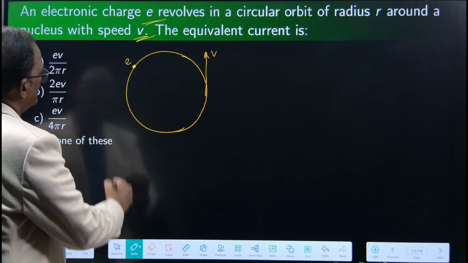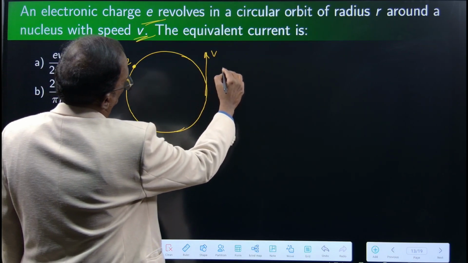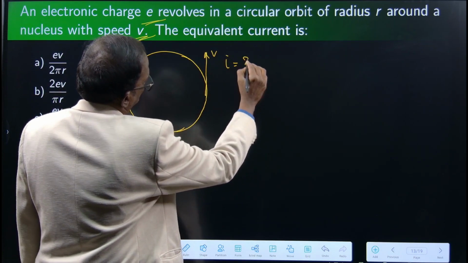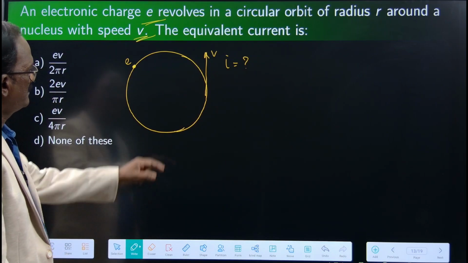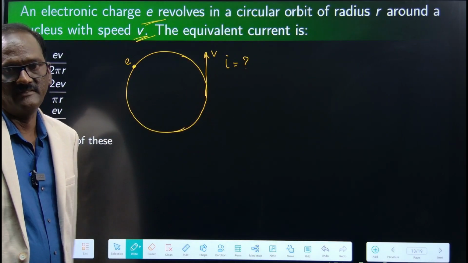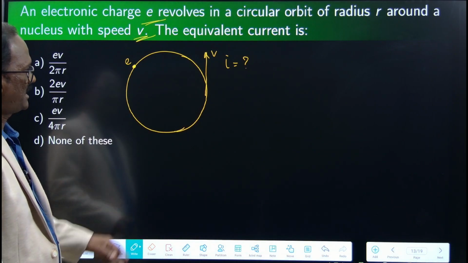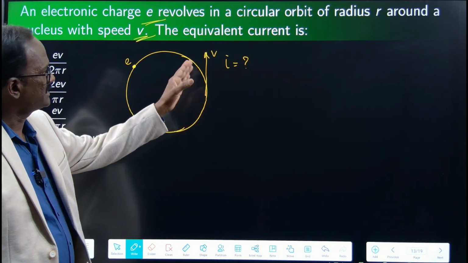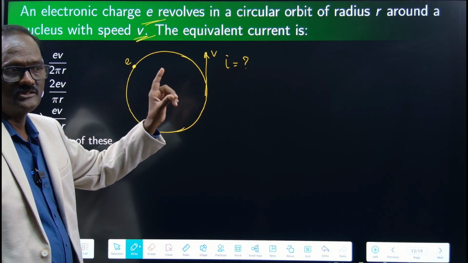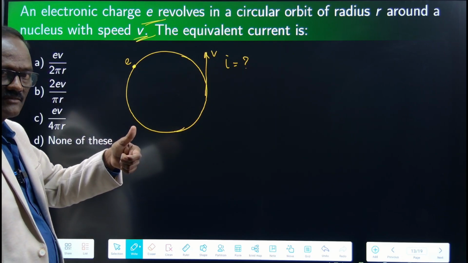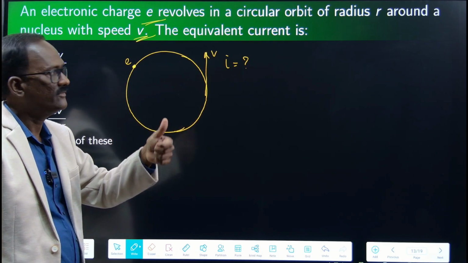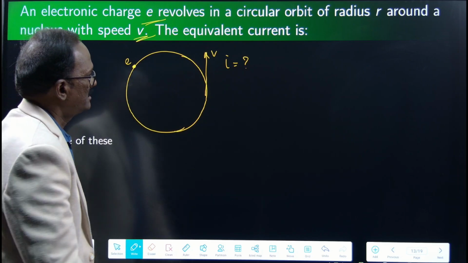The equivalent current is I is equal to what? The question is, e is given, but time is not given directly. Instead it is given as v, velocity, meter per second. We have to find the time from the v equation.